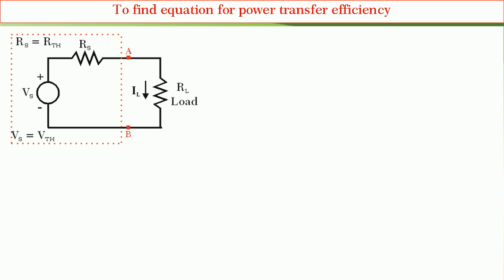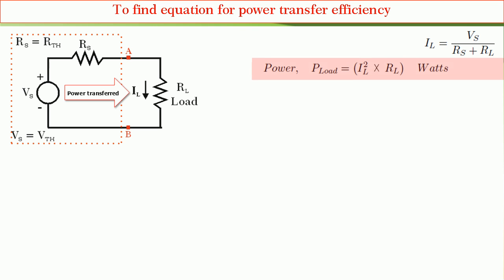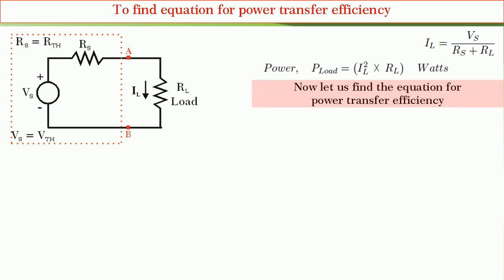Now, we know in this circuit IL is equal to Vs divided by Rs plus RL, and power transferred to load resistance RL, say PL, is equal to IL squared into RL watts. Now, let's find the equation for the power transfer efficiency.